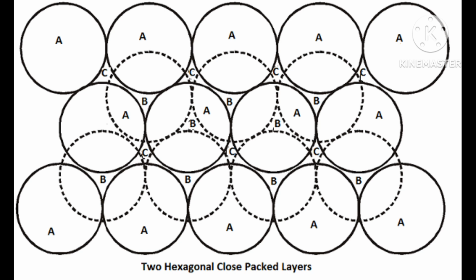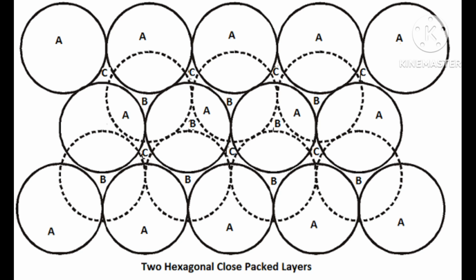Again, listen: whenever a sphere of the second layer is above the void of the first layer, a tetrahedral void is formed. These voids are called tetrahedral voids because a tetrahedron is formed when the centers of these four spheres are joined.